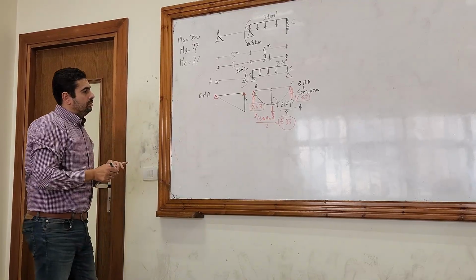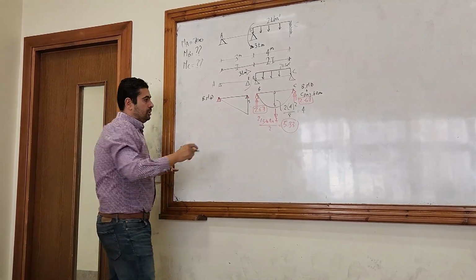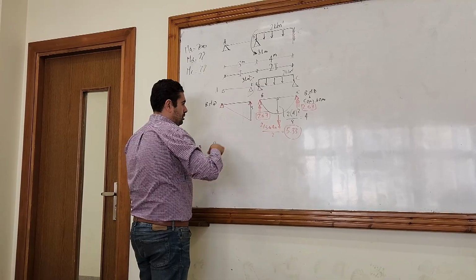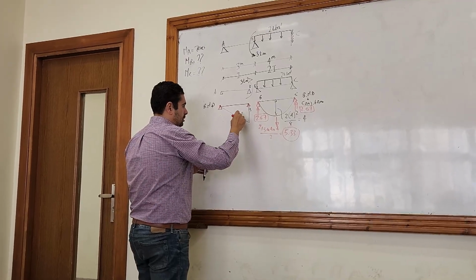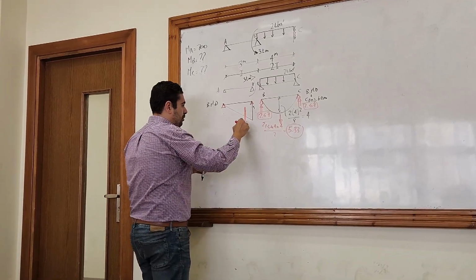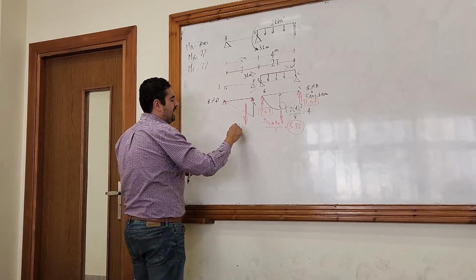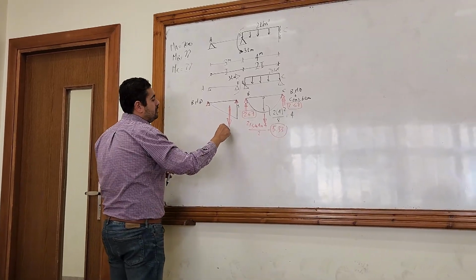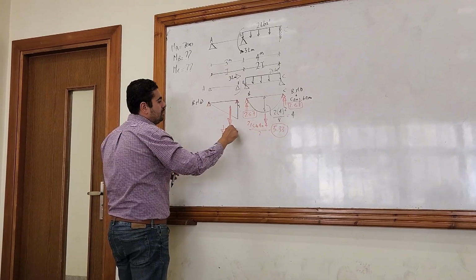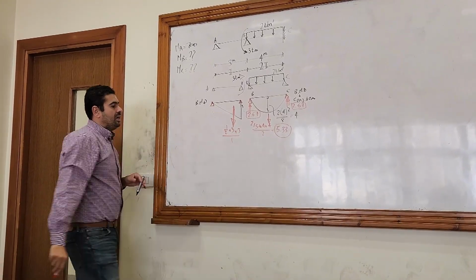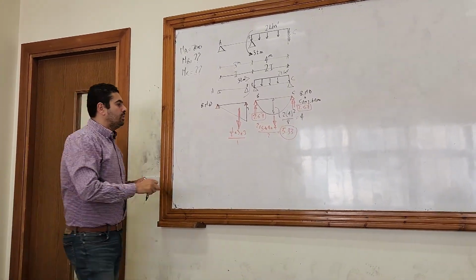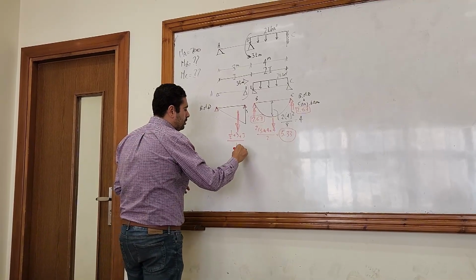And then area, it's a triangle downwards, so it will be downwards. What's the area of the triangle? Half base times height. Base is 3 meter, height is 3 meter, and inertia factor is 1, so it will be 4.5.